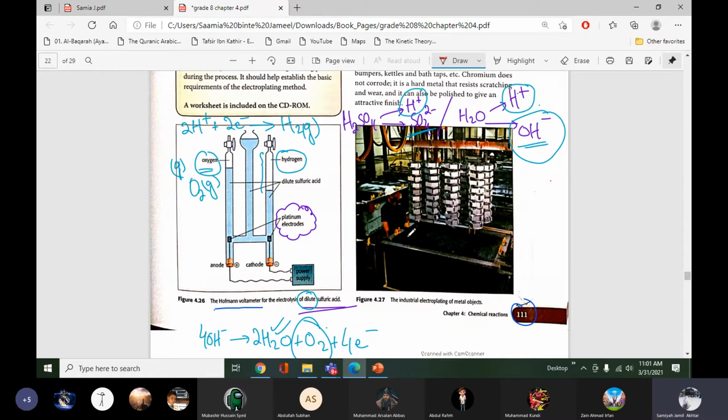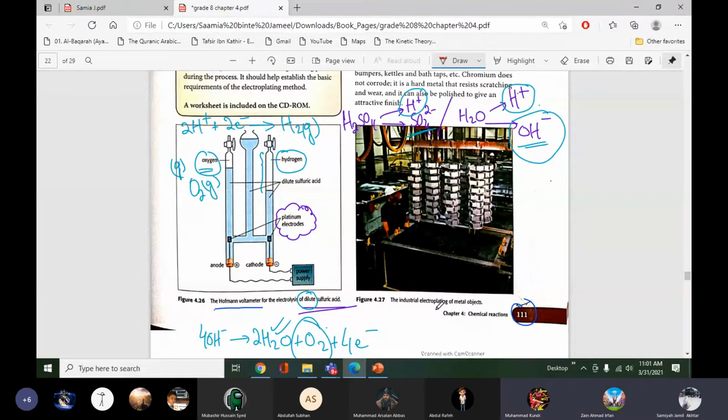So why is it so? No guesses? Because it's more reactive? No. Hydrogen molecules, but here there are oxygen molecules also. But why is it more?